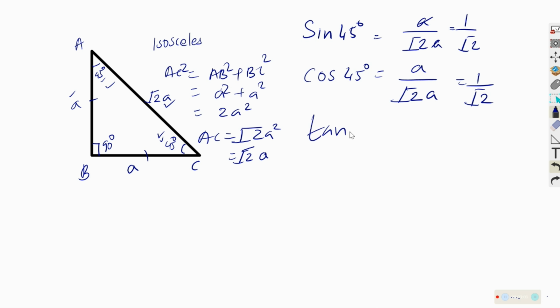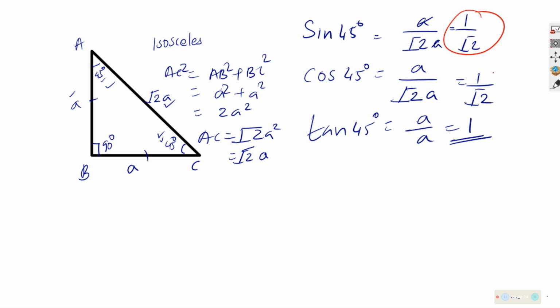Tan 45, interestingly, will become A upon A, which is equal to 1. So you got a new ratio now. The ratios are in such a way that sine 45 is equal to 1 upon root 2, cos 45 is equal to 1 upon root 2, tan 45 is equal to 1.